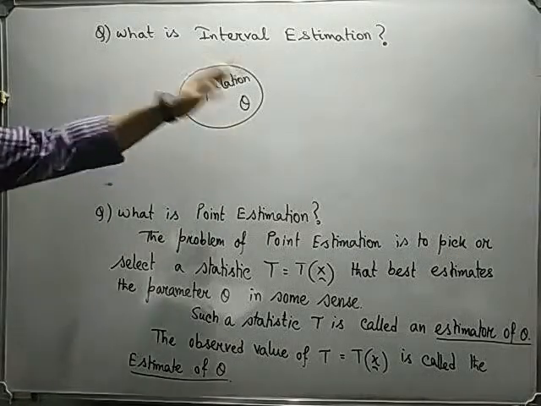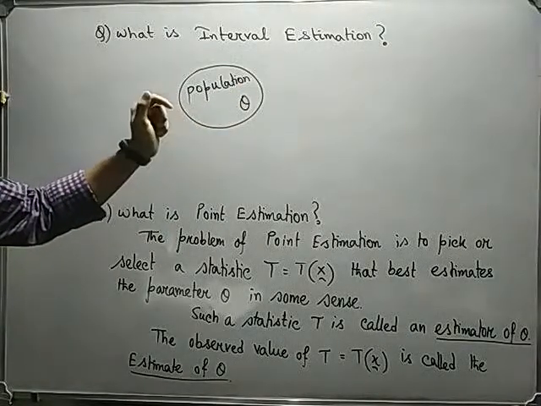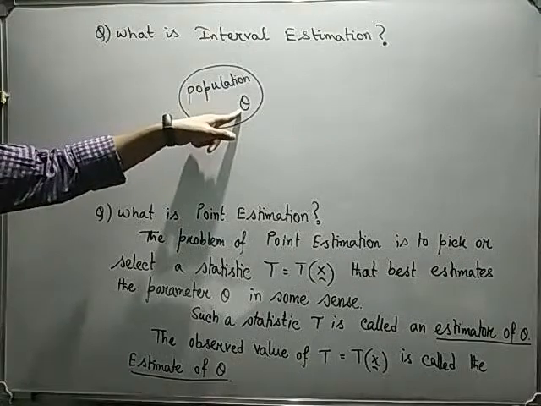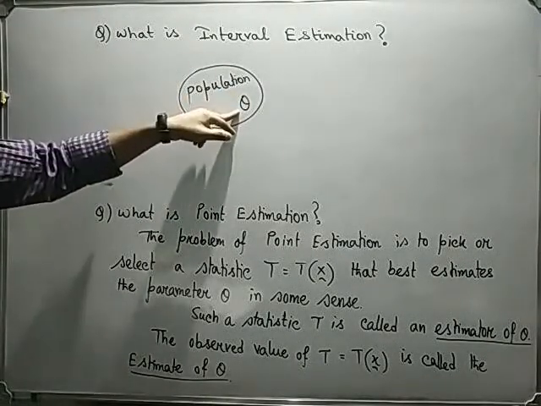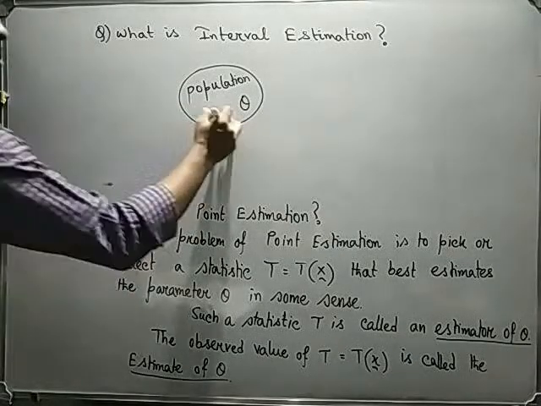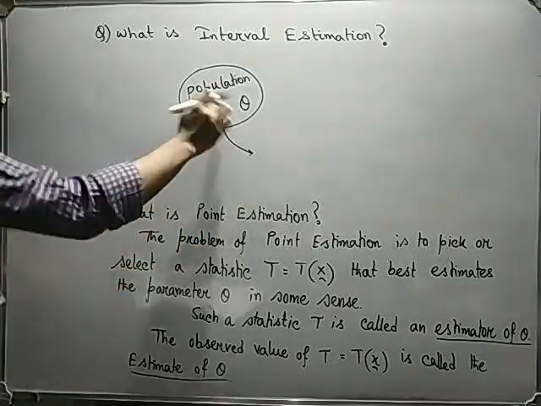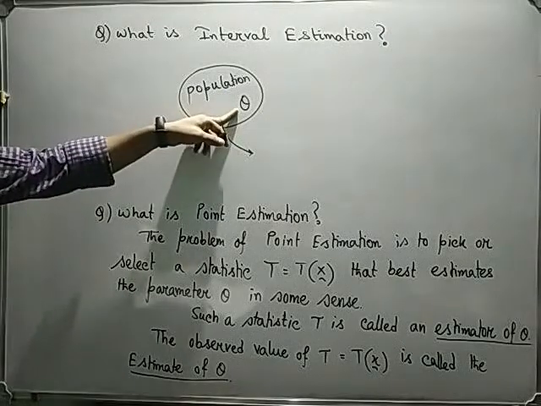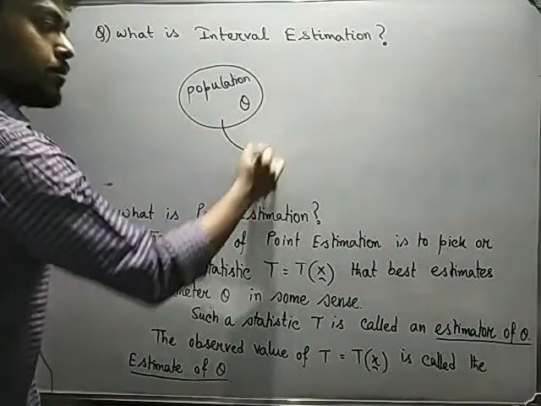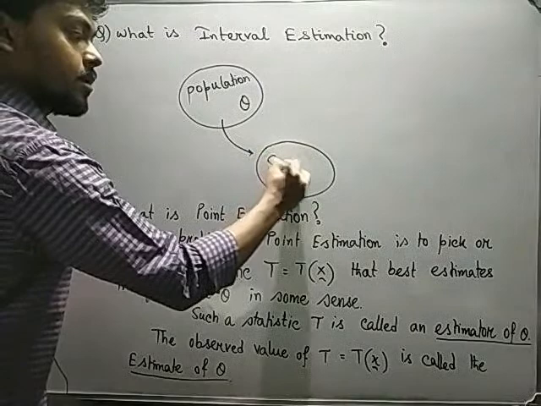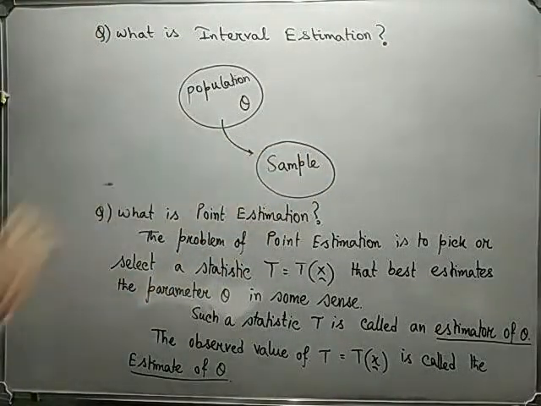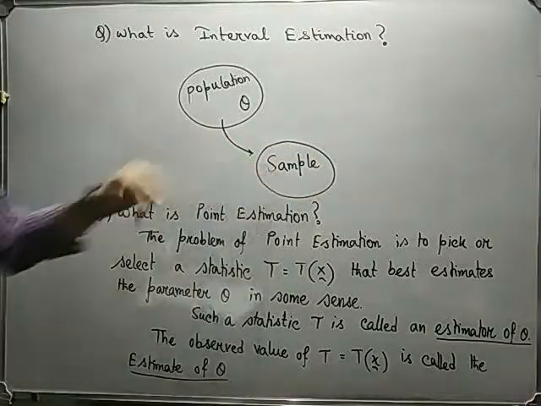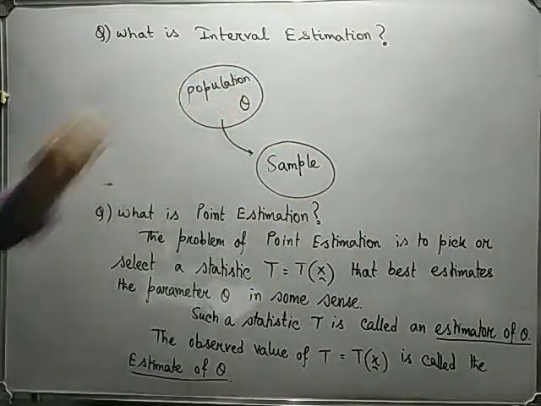Let's say we don't know the average height of the population; then that average height will be the parameter of that population. Let's denote that by theta. To estimate the value of theta, we just take a sample from that population, and based on that sample, we can estimate the value of theta.